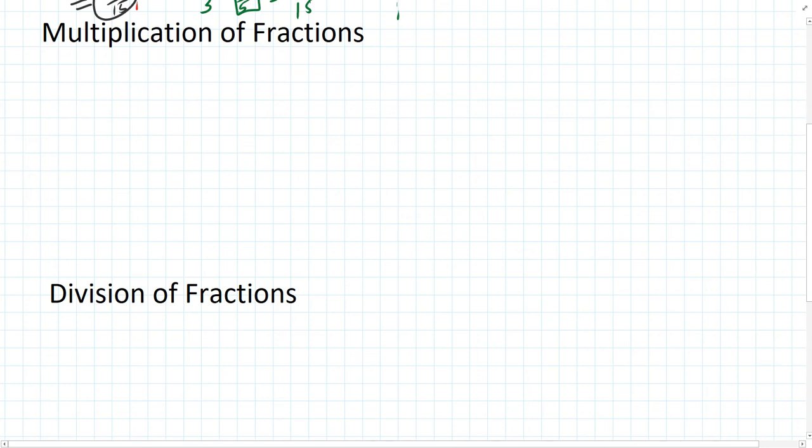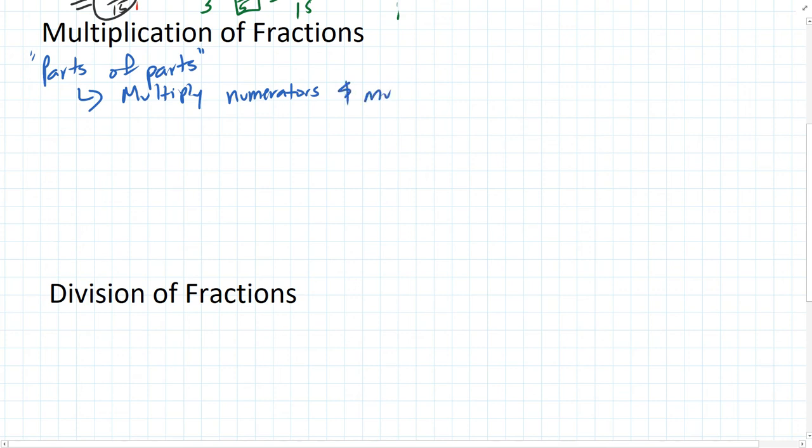Okay, with multiplication of fractions, we learned this by looking at parts of parts. And really what we learned when we did that is when we multiply fractions, we just need to multiply the numerators and multiply the denominators.